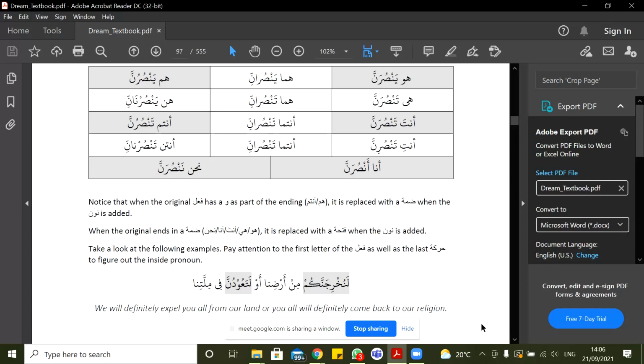Because of the runa, the waw, it's dhamma. Okay. And because of the dhamma and noon, if you are huwa yansuru and tansuru and nahnu, we have converted the dhamma to fatha, because if we put it as a dhamma here, dhamma with shadda will give us what? A waw sound, which is not there. So to connect it, we give it a fatha. Okay.